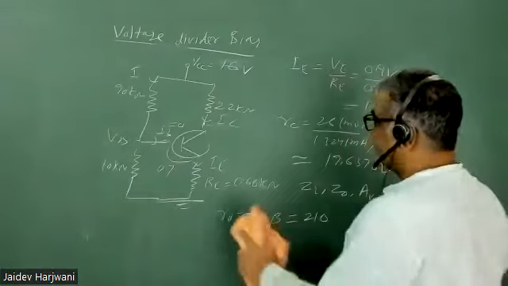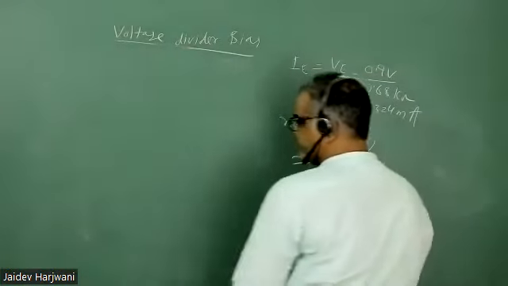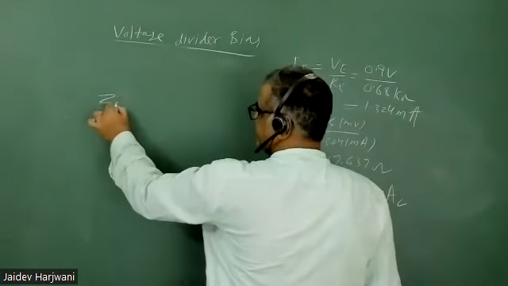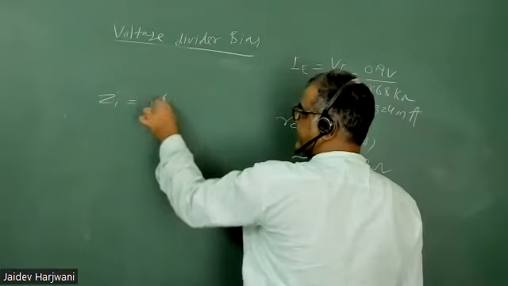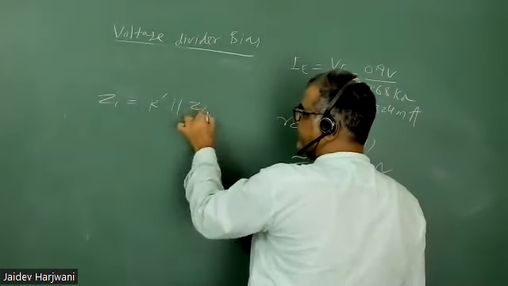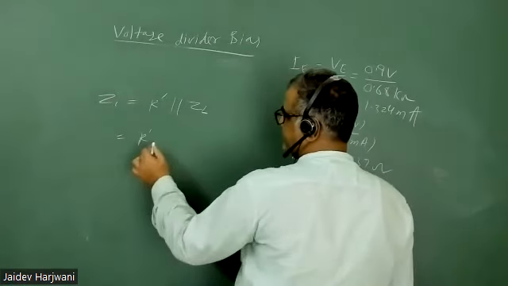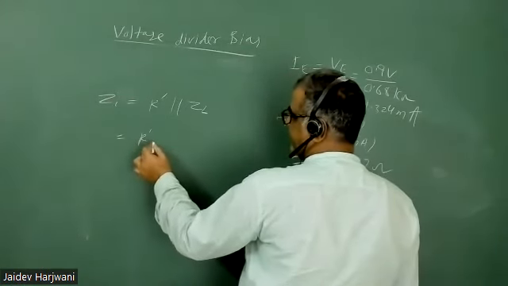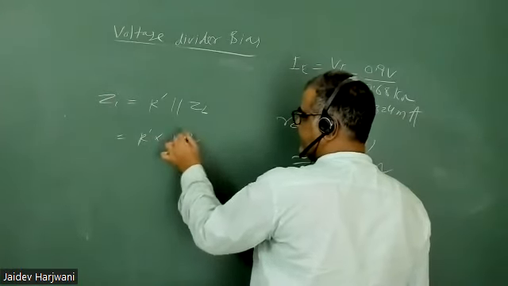So the formula for Zi, what is the formula for this one? R dash parallel to Zb, and you can write Zb as beta re plus.